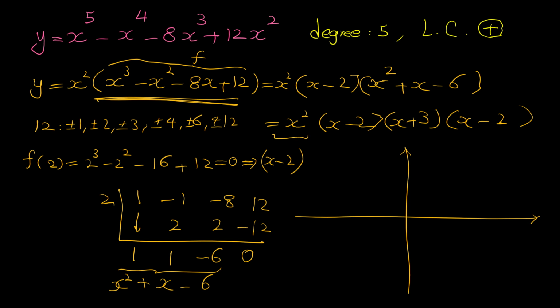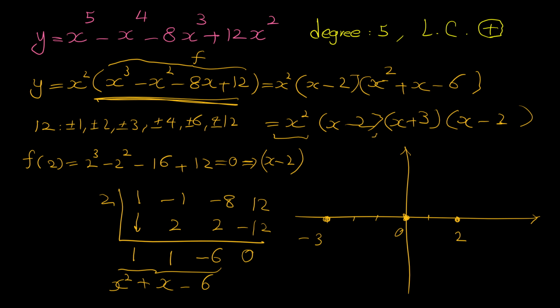By setting this equal to 0, x is 0. By setting the next bracket equal to 0, x is 2. By setting the next bracket x plus 3 equal to 0, x would be negative 3. And by setting x minus 2 again equal to 0, we have this root again. So attention, we have 2, 0 and negative 3.